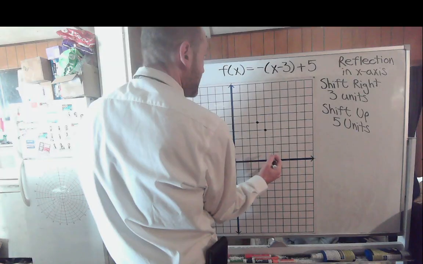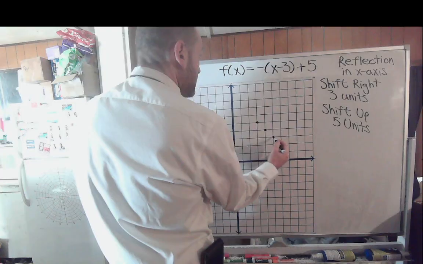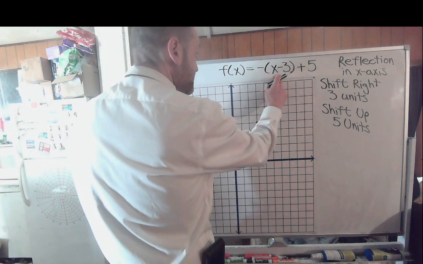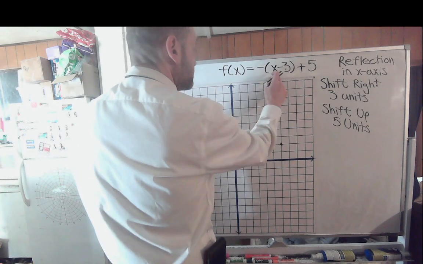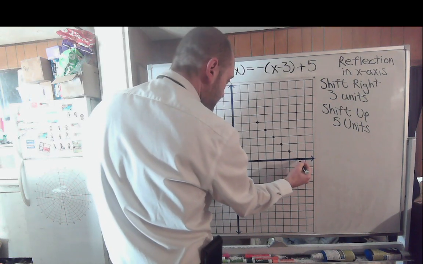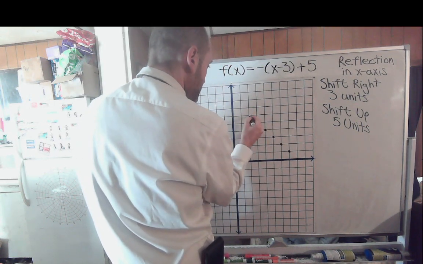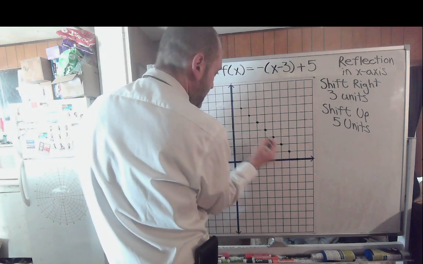X equals 5, you would get a y value of 3. X equals 6, you would end up getting a y value of 2. X equals 7, you would get a y value of 1. X equals 8, you get a y value of 0. So we can plot all these and we can draw our graph.